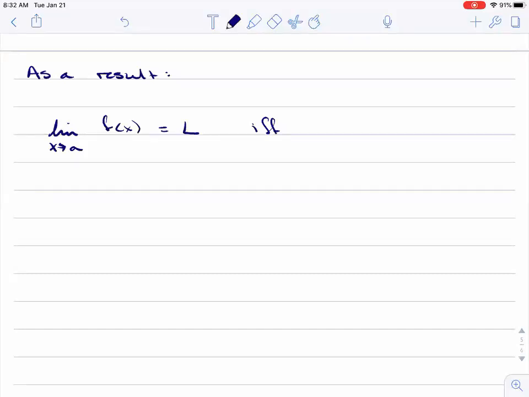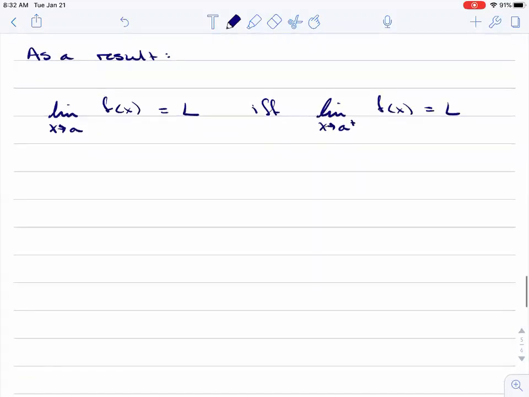Not sure if I've run that one by you guys before. If and only if the limit as x approaches a from the right of f of x is L, and the limit as x approaches a from the left of f of x is also L.